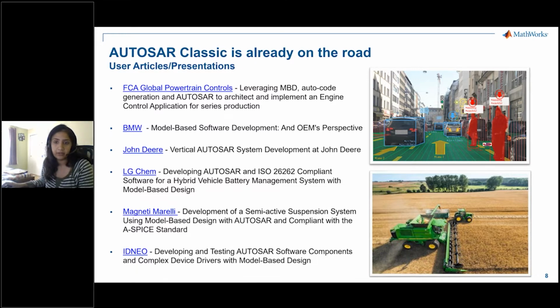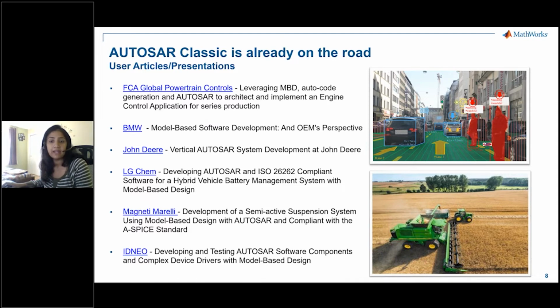And BMW, which is one of the founding members of the AUTOSAR consortium, talks about using MBD and AUTOSAR in an agile workflow with continuous integration. John Deere is not really an automotive company, it is an agricultural vehicle manufacturer. They have provided an interesting talk about how they use AUTOSAR and MBD to deal with the challenges of complex agricultural machinery.